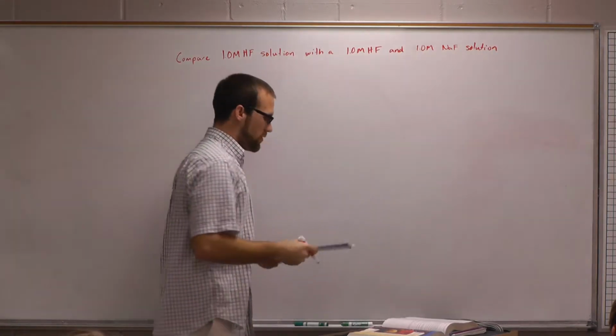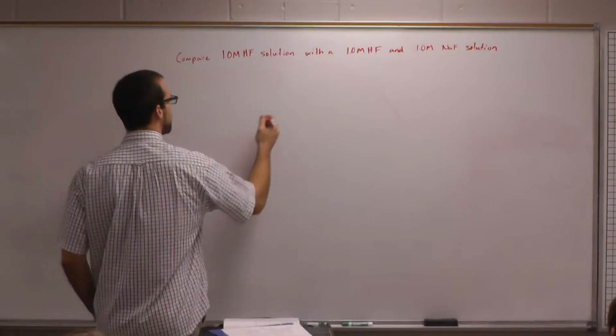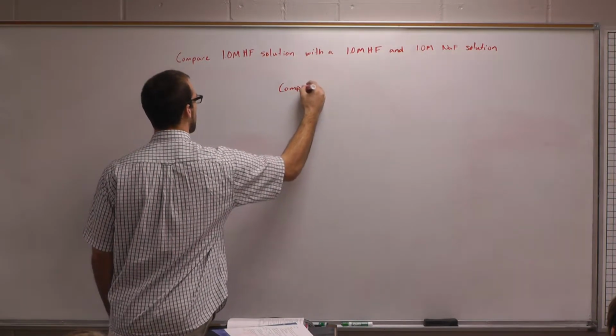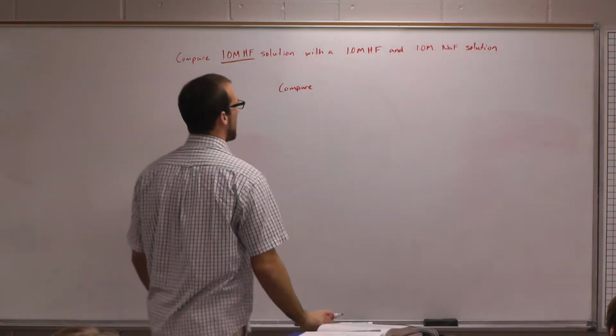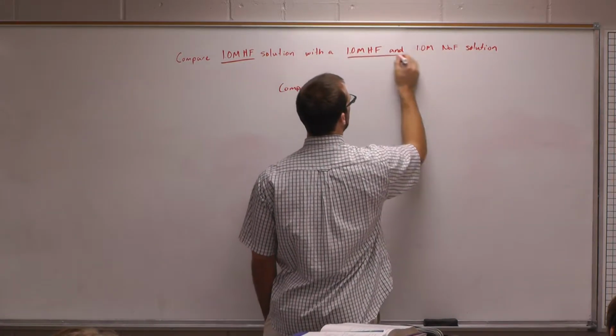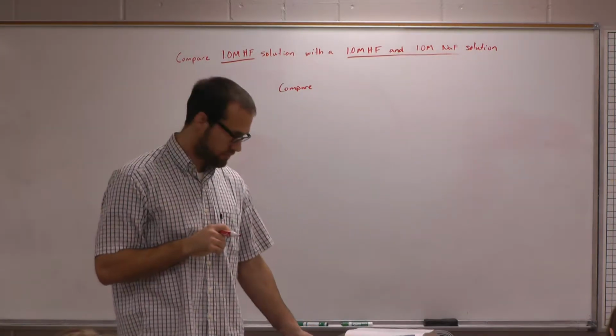Okay, so what I want to do is compare when I just have HF, and how it would act differently if I had a salt in there with a common ion.